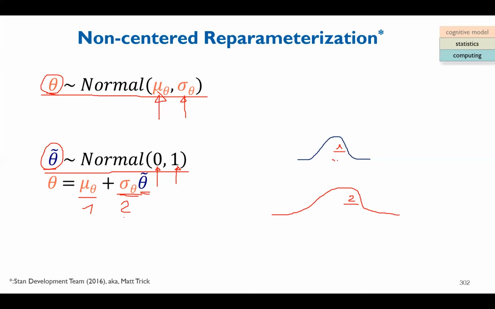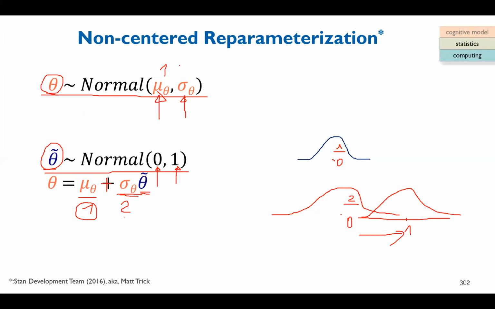Recall here, the center is 0, right? If I add 1 to this, then what will be changed? The entire distribution will be shifted right-handwards so that this center will become 1.